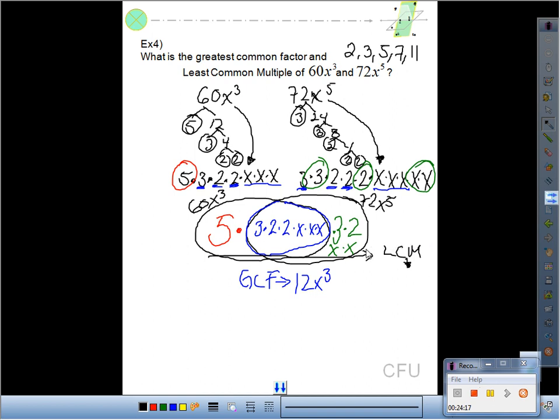No. Which one times what? Oh, 5 times 72x to the 5th. Hands, if you agree with that? That is correct. So what is 5 times 72? 360, and we bring down the x to the 5th, and that's our LCM. That is correct. You guys think we'll get the same expression if I multiply all of these together? Yes, that will get the same thing.